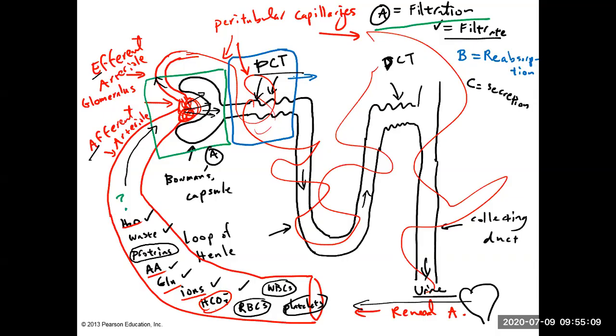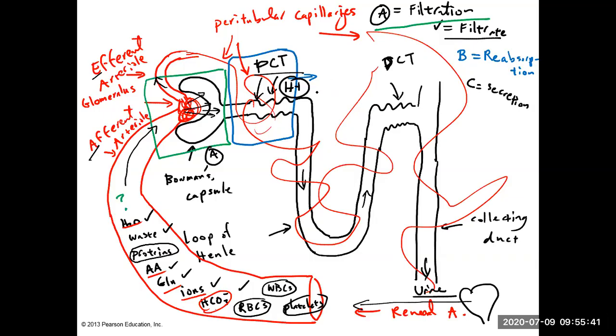Before we go on to the next phase, we need to specify the secretion right here is hydrogen ion.